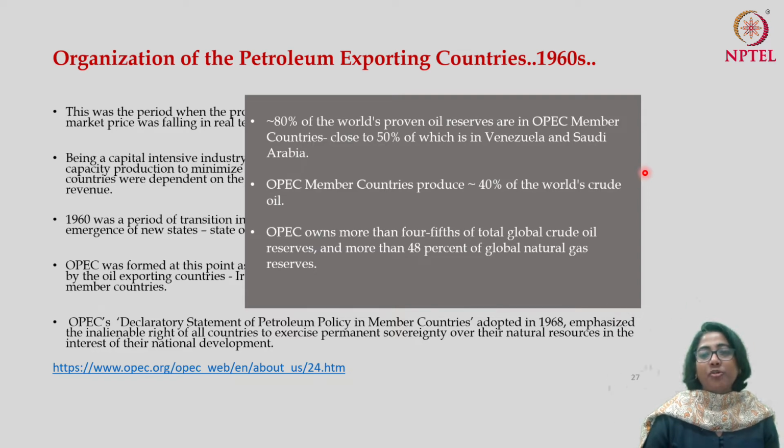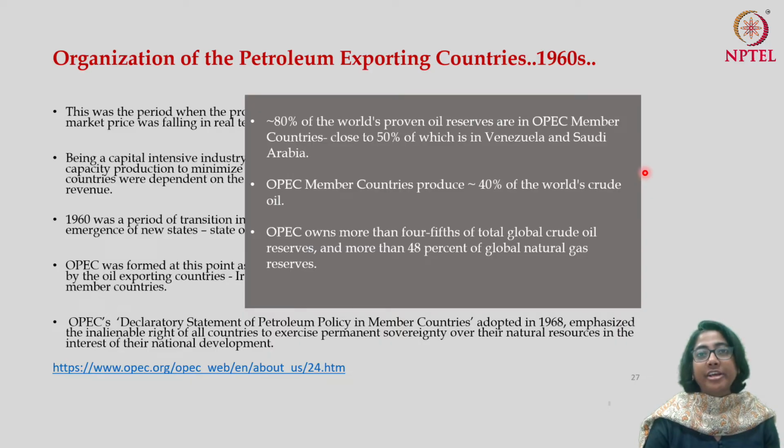Nearly 80% of world proven oil reserves are with the OPEC member countries. And 50% of this 80% is with Venezuela and Saudi Arabia. And that is why they are such big players in the oil market. OPEC member countries produce approximately 40% of the world's total crude oil. So they have a dominance in the production sector as well.